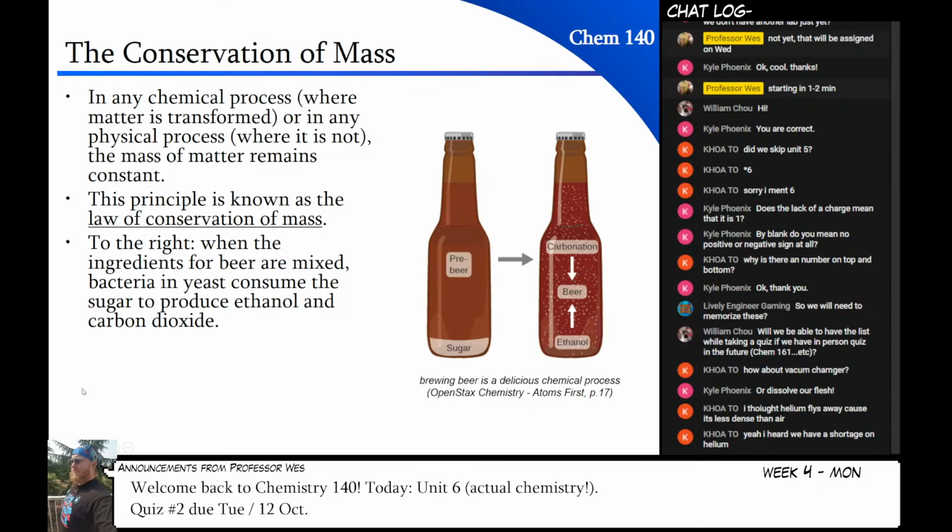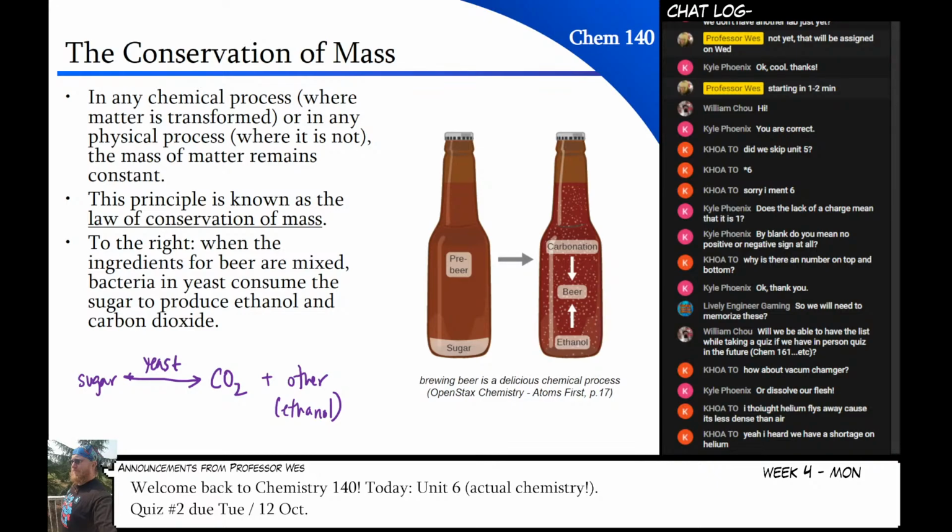I lost my marker here. There we go. So the sugar reacts with the yeast. Actually, we'll write it this way. To make CO2 and other stuff. For example, one of those things that is made is ethanol. But other products are made too. So the yeast reacts with the sugar by consuming it.